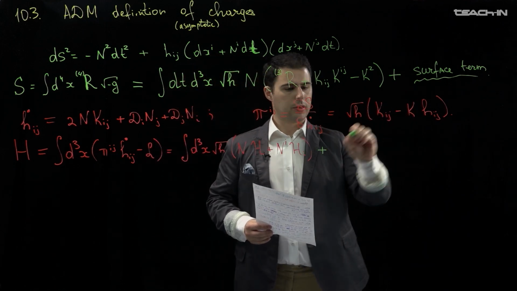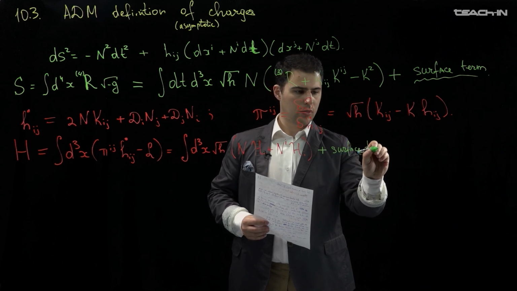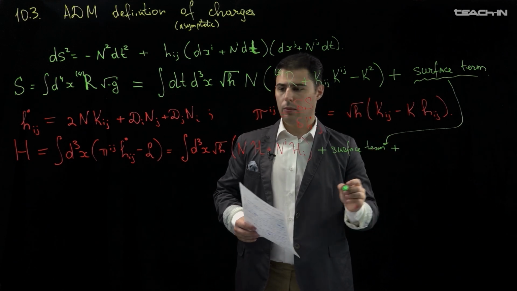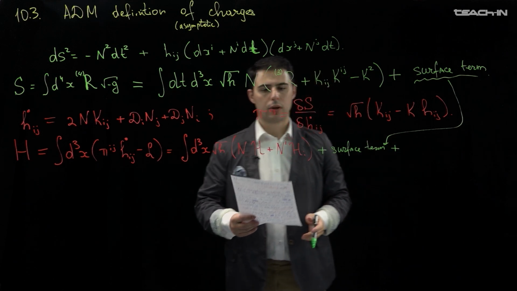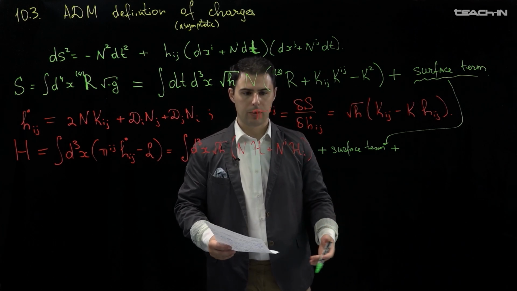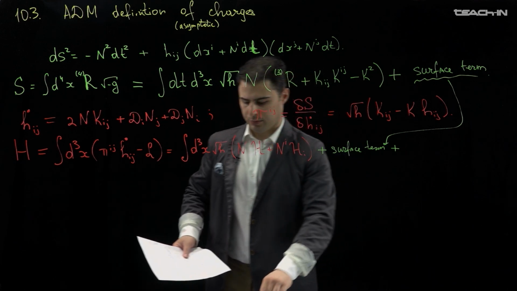So plus a surface term here, plus the surface term from rewriting the N^i H_i explicitly, because the N^i was inside the derivative.